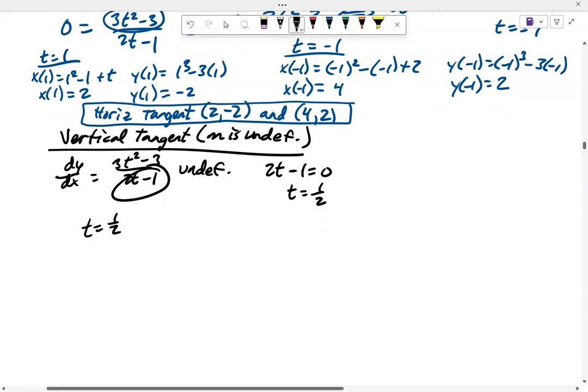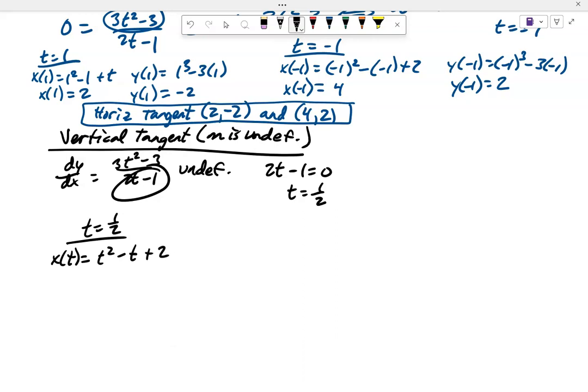So x of t equals t squared minus t plus 2.